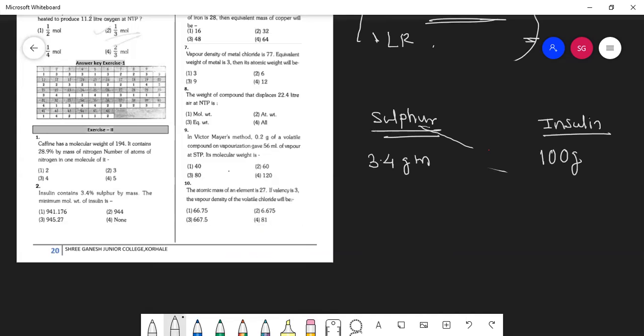This much information is given. 3.4% means 3.4 grams of sulfur, because by mass they have written, in 100 gram insulin. Is it correct? Because percent means out of 100.